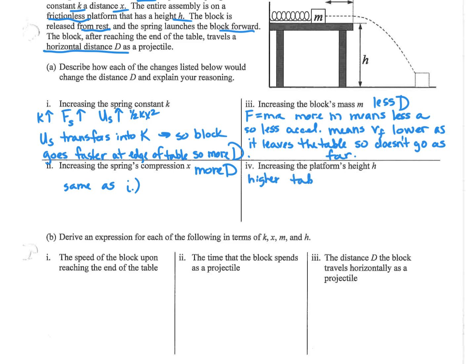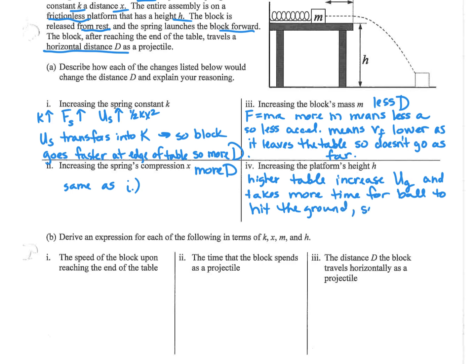A higher table is going to increase gravitational potential energy, right? And it's going to take more time for the ball to hit the ground. So it travels further. So we're going to say more D.